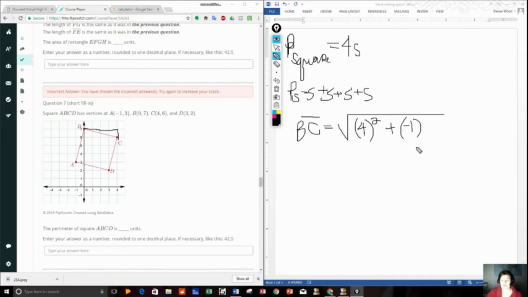So then we have the square root of 4 squared is 16 plus -1 squared is 1. Square root of 16 plus 1 is the square root of 17.